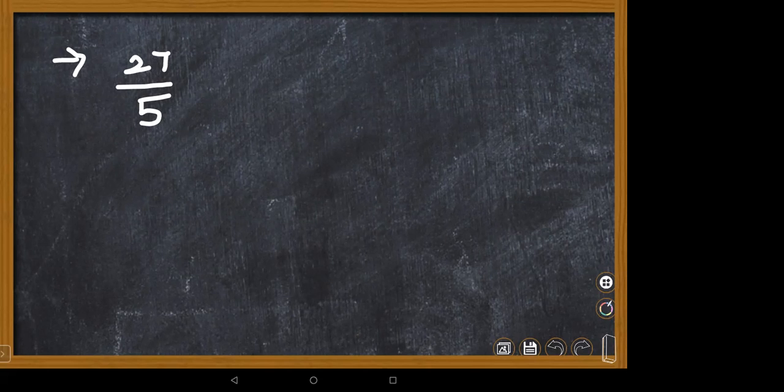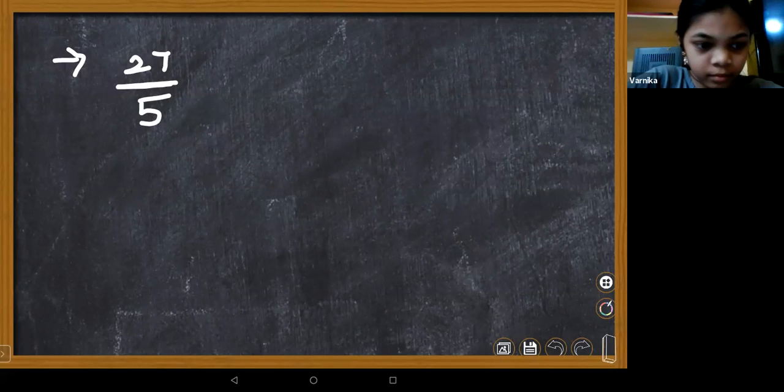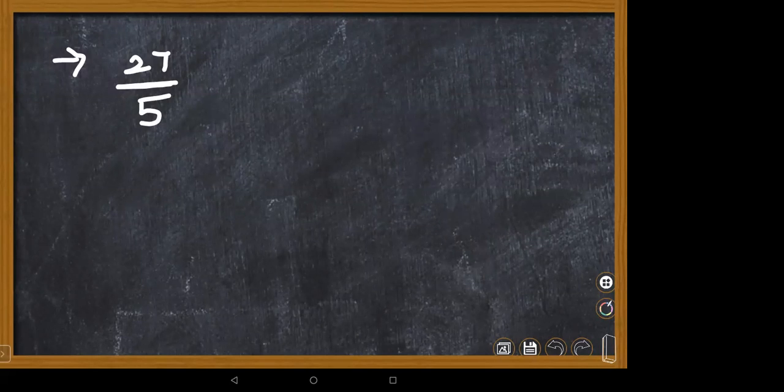Varnika, are you there? Yes, ma'am. Varnika, here the denominator is 5. You need to convert the denominator into a decimal fraction like tens, hundreds, thousands. What number am I supposed to multiply?